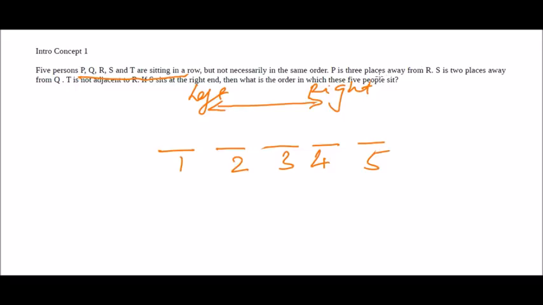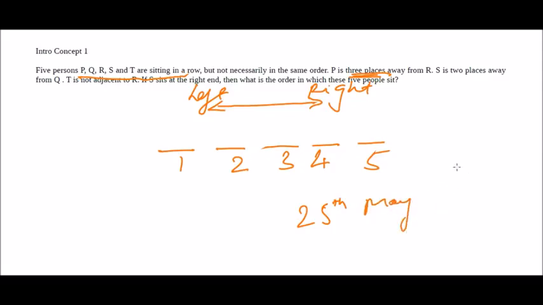Okay. Now it says P is 3 places away from R. This is the second part, 3 places away. Now most people say that, okay, if I put P here, 3 places away, they count it as Q. Now that is wrong. A lot of people have a problem with this. A simple way to understand it is, today is 25th of May.